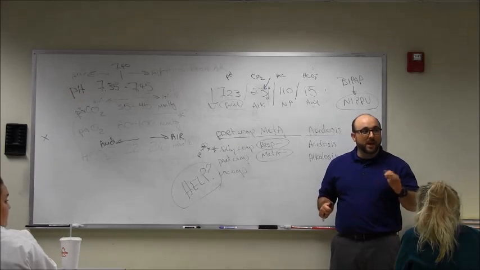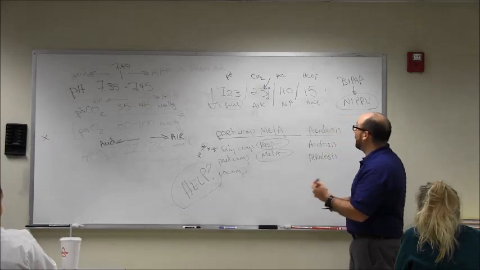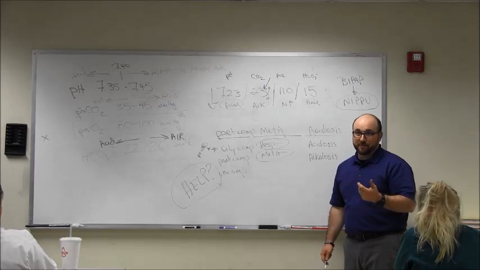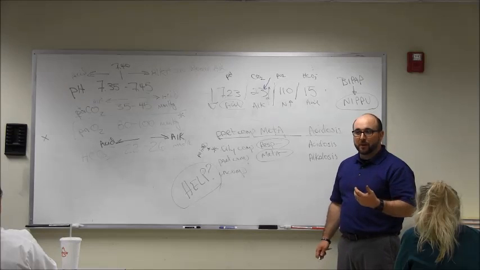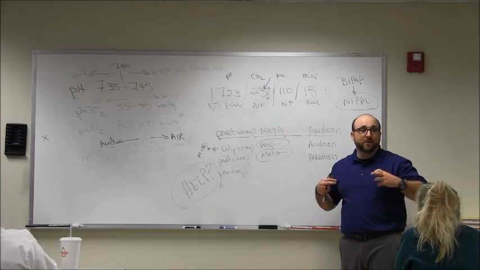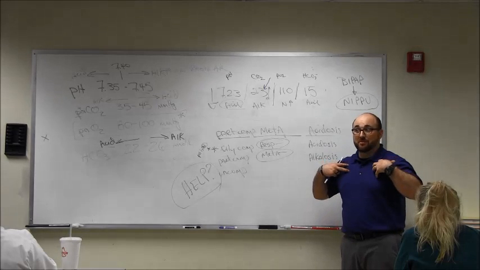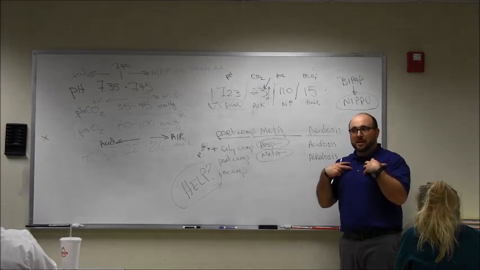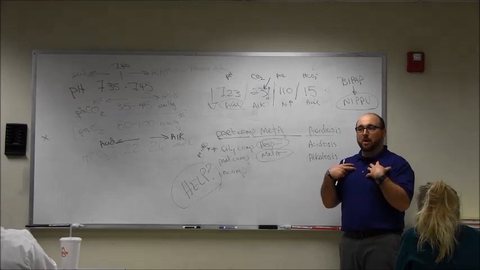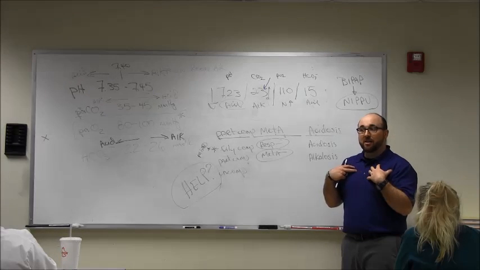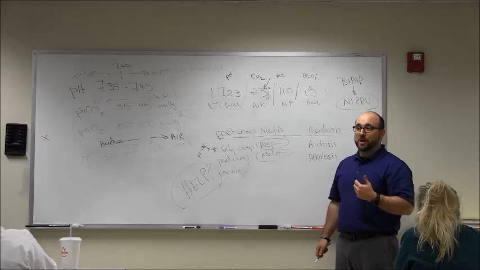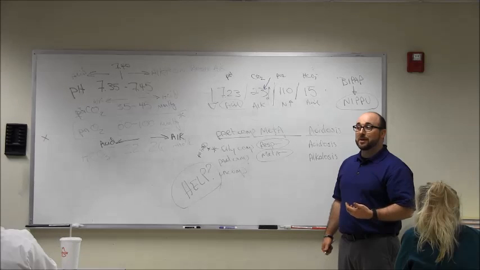So if they're breathing like that for a long period of time, and let's say their oxygen level falls a little bit, what's going to start to wear out? The diaphragm or their muscles. We see this with COPD patients a lot. They're breathing fast like this, they don't have any help at all, and their muscles start to wear out. What happens when your muscles wear out or you go into anaerobic respiration?